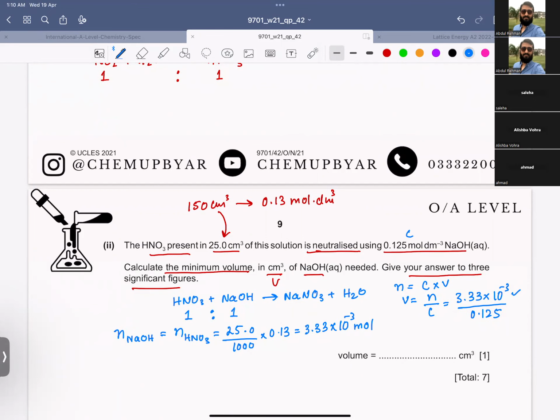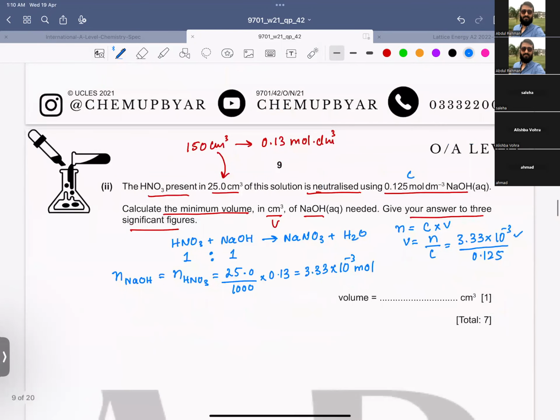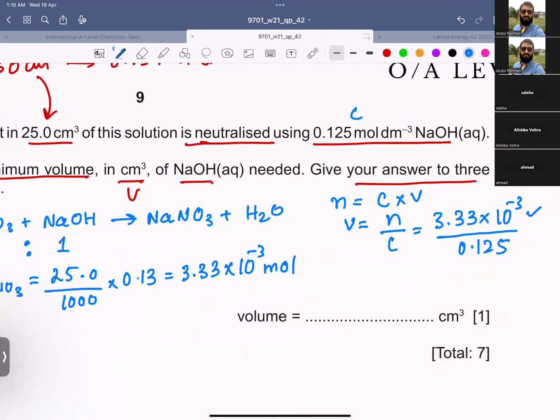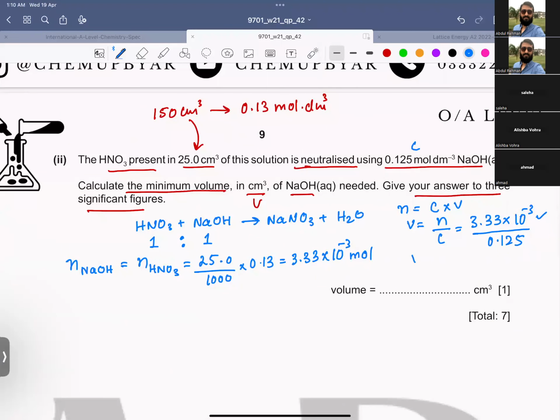Can anybody tell me the volume from this value? So 0.266 into 10 raised to the power minus 3, and that is in decimeter cube.